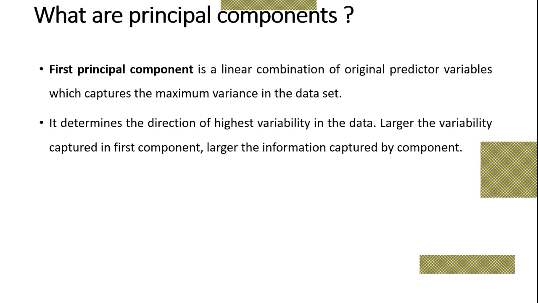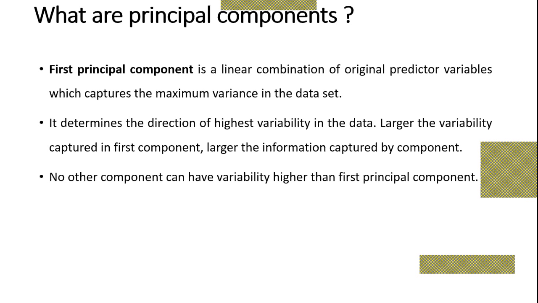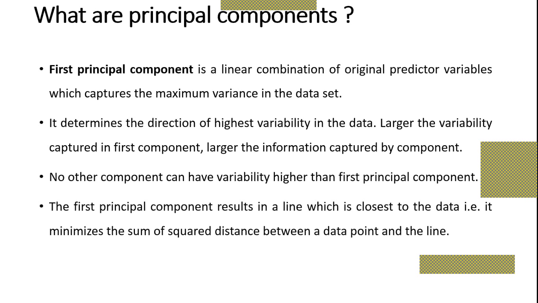The larger the variability captured in the first component, the larger the information captured by the component. No other component can have variability higher than the first principal component. The first principal component results in a line which is closest to the data. That is, it minimizes the sum of squared distances between the data points and the line.